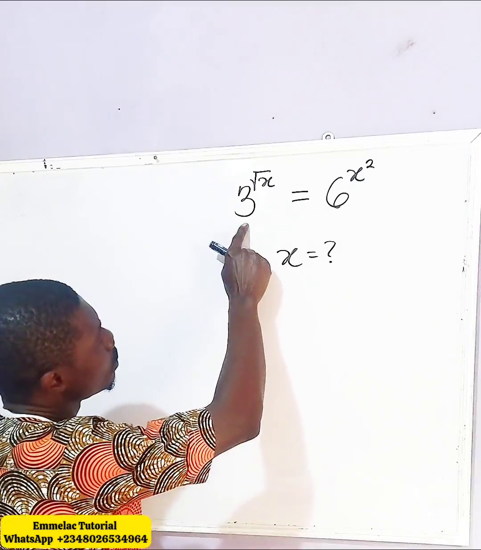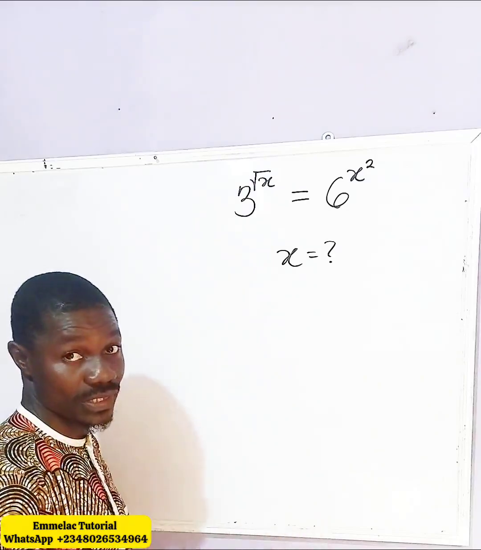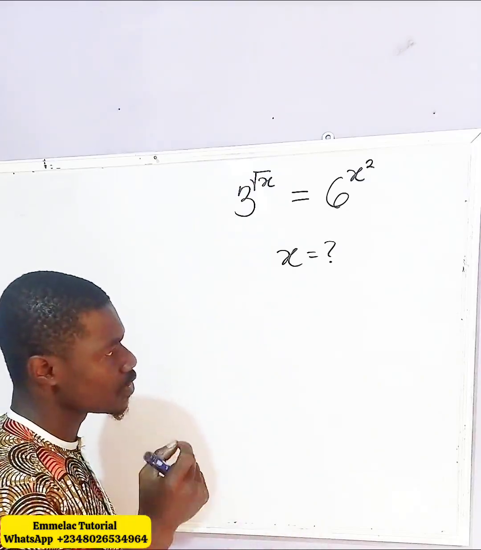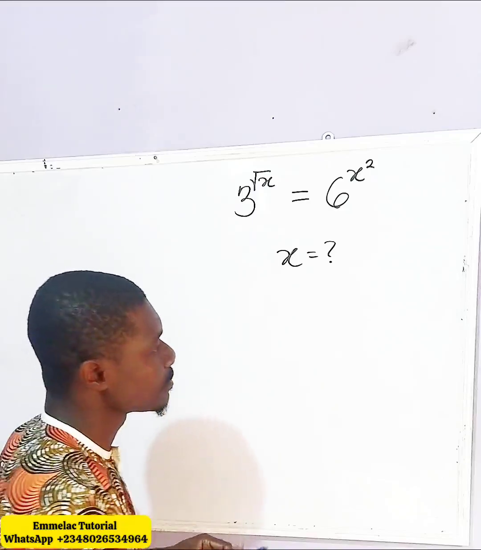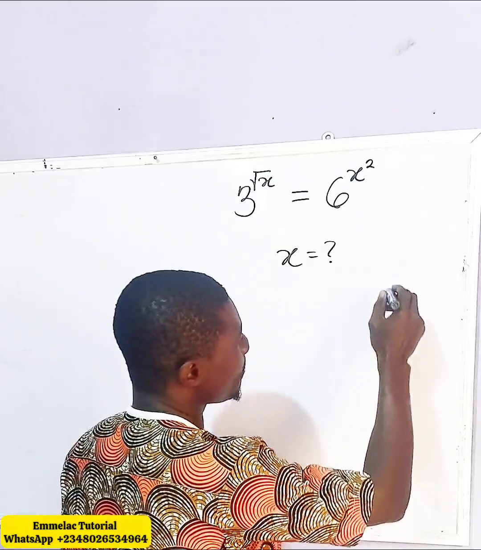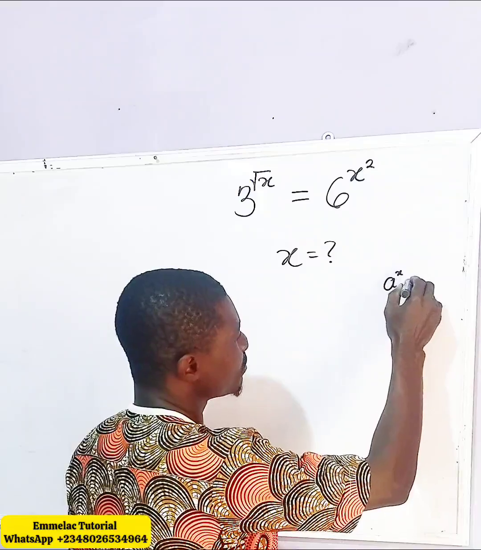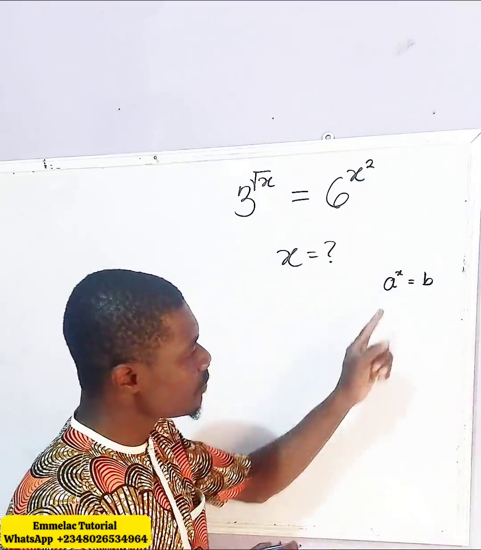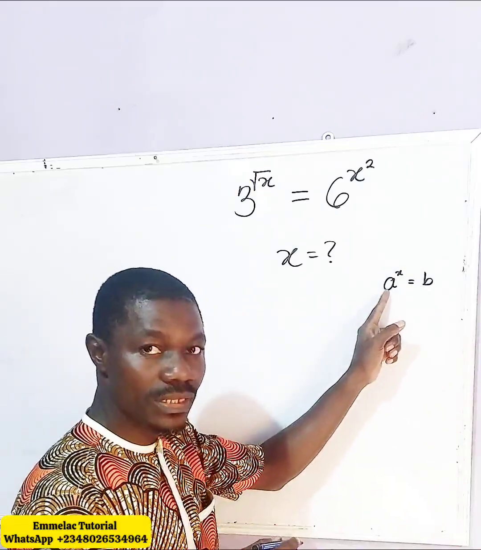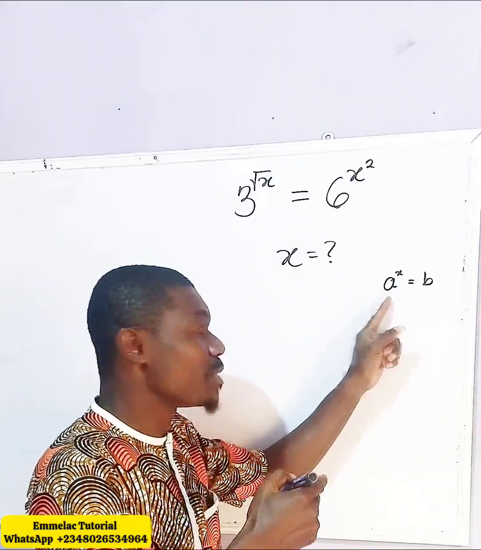Now I want to undo this base of 3. Let us recall that according to the law of logarithm, if I have a raised to the power of x equals b, and I want to undo this base a, I can apply a log with a base of a.